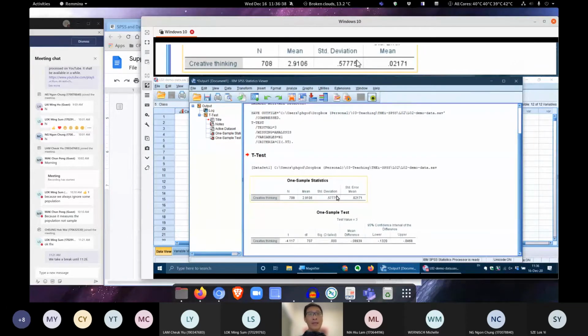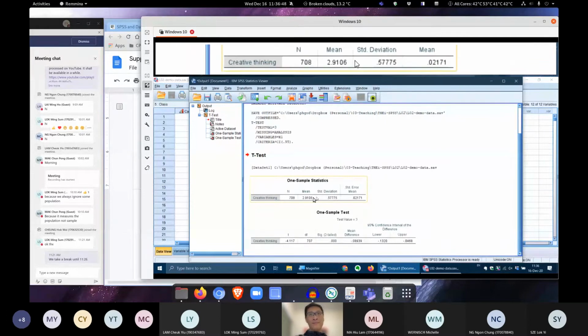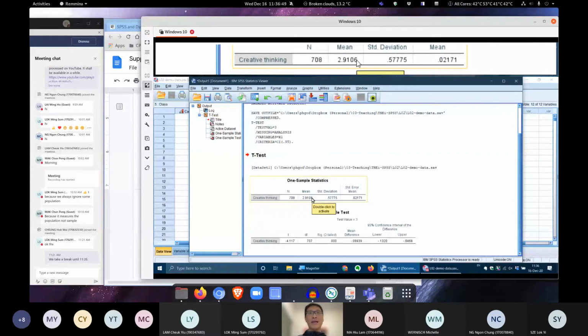Okay, we don't know, but we use the sample mean to test this. As you remember, the idea behind this is we try to determine if the sample mean is close to the test value or not. So is 2.9106, of course, it is not equal to 3, but we want to know if this is close enough to 3 or not. So we do a t-test, all right?